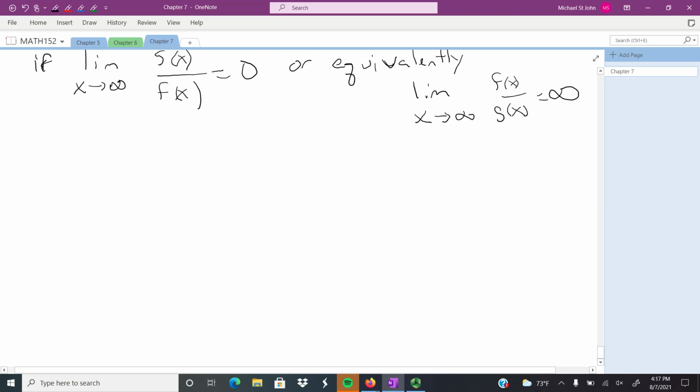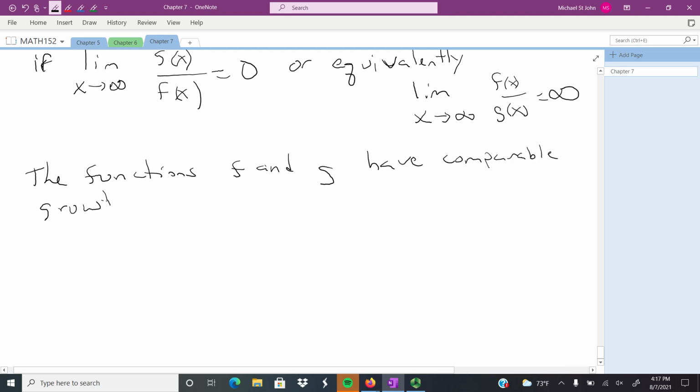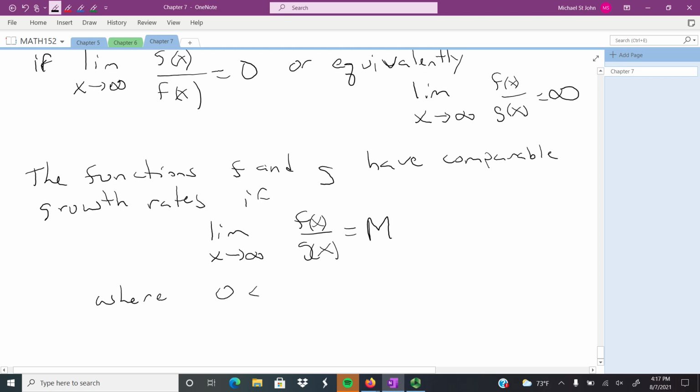And then the functions f and g have comparable growth rates if the limit as x goes to infinity of f of x over g of x is given to be some number m, where m is in between 0 and infinity.